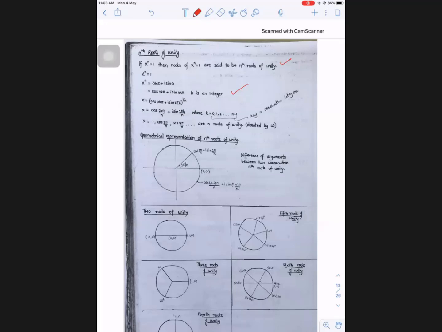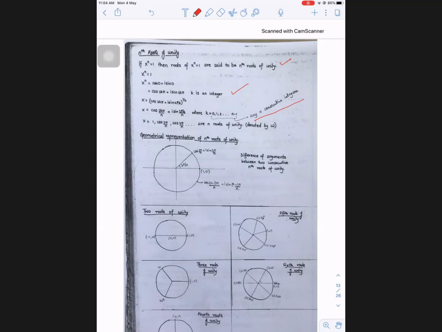And from that, if you send n inside, x equals cos 2k pi by n plus i sin 2k pi by n, because here k can be anything. So you can take k equal to 0 to n minus 1, or any n consecutive integers. For easy calculations, we are choosing the 0 to n minus 1 result.